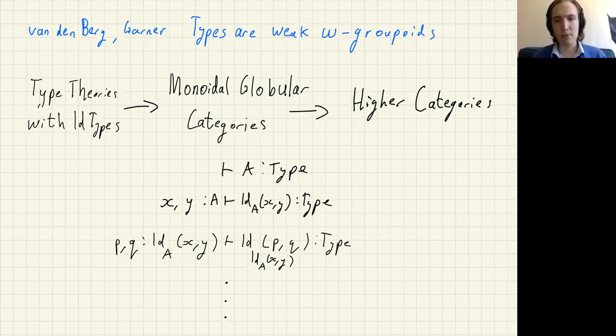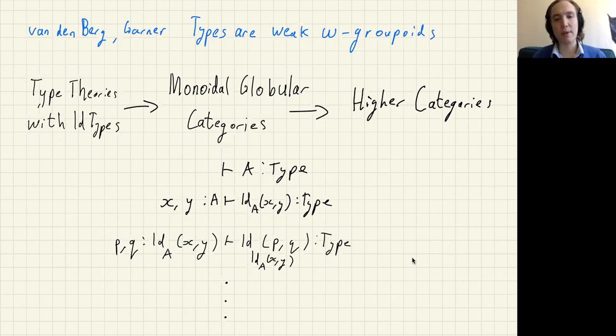So what I would like to do is to sort of understand what's going on in this paper. So I'll proceed in two steps. Firstly, I'll try to understand the image of the first functor to monoidal globular categories.